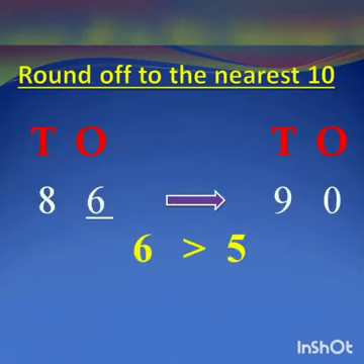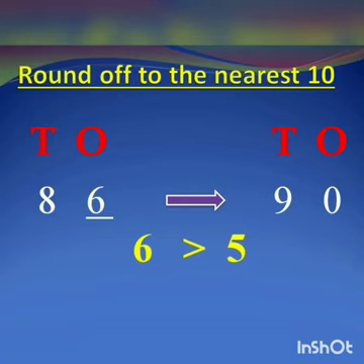Now let's solve the example of round off to the nearest 10. Here the number is 86. Now we have to round off this number to the nearest 10. So what we need to do? We need to compare the digit which is at the ones place with the number 5. Here the digit at ones place is 6.